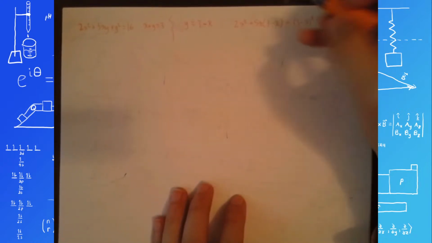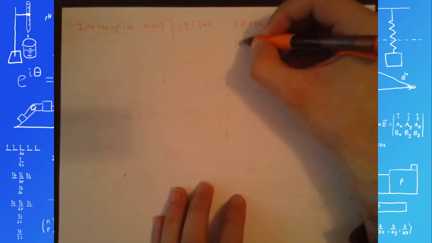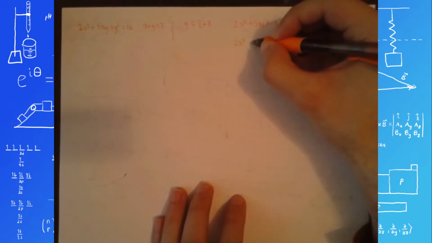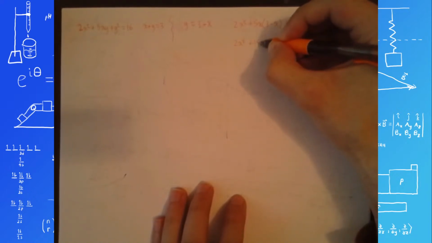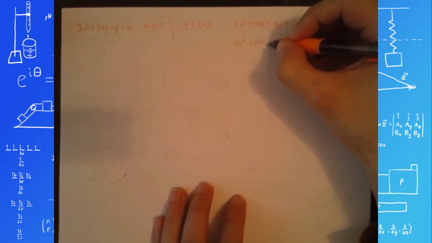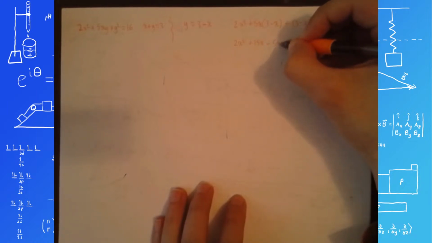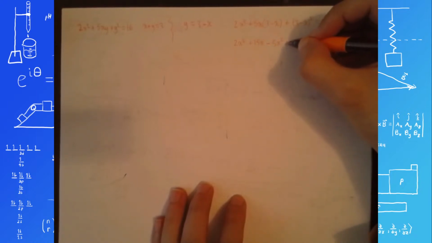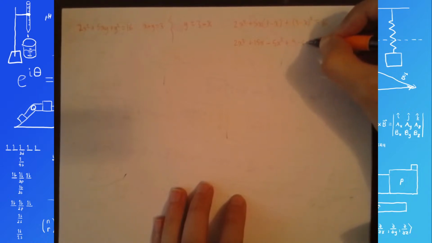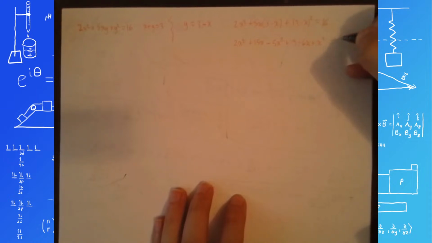And if I distribute and simplify, I get 2x squared plus 15x minus 5x squared plus, that's going to be 9 minus 6x plus x squared, all equals 16.